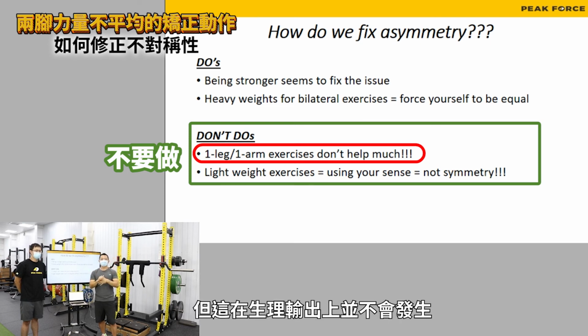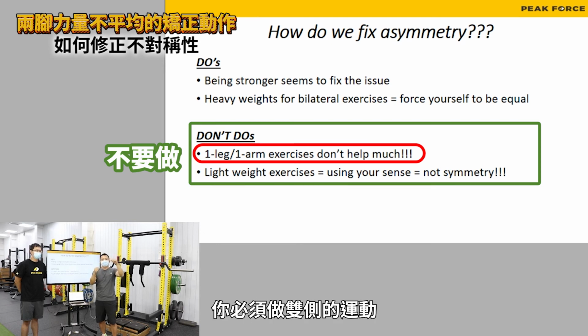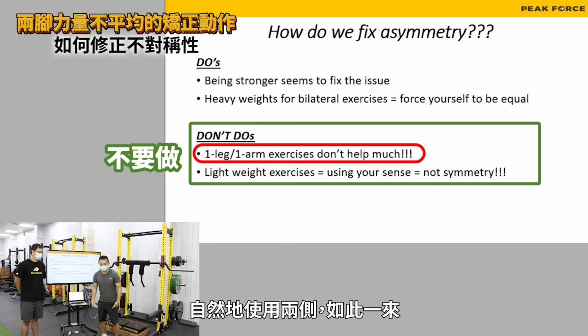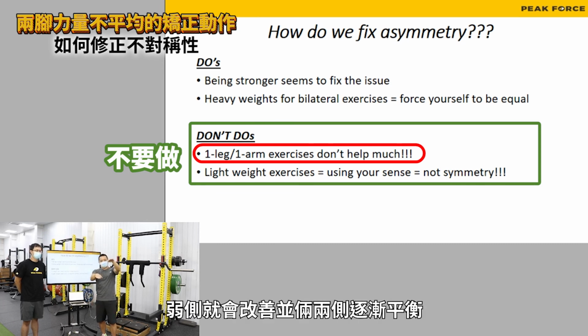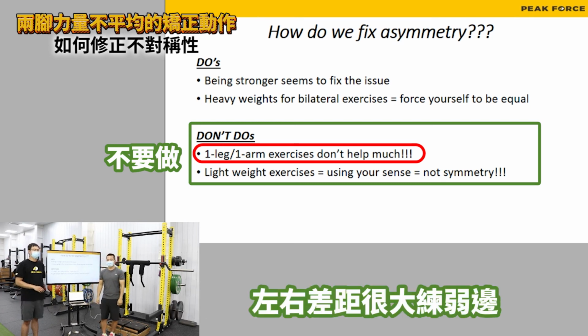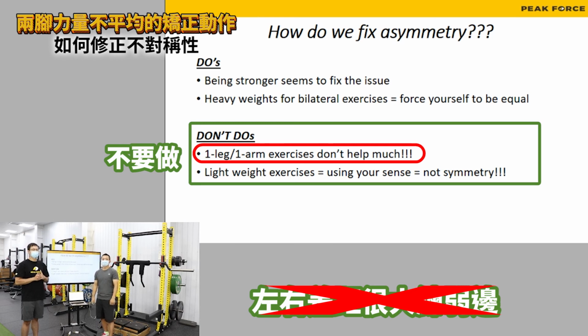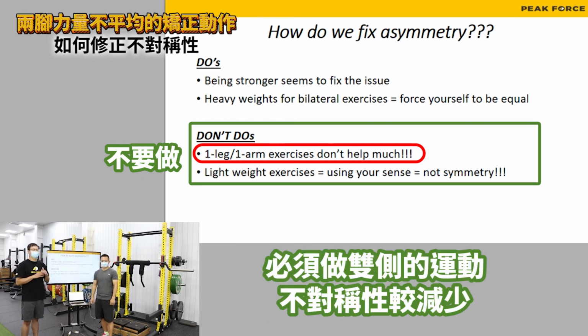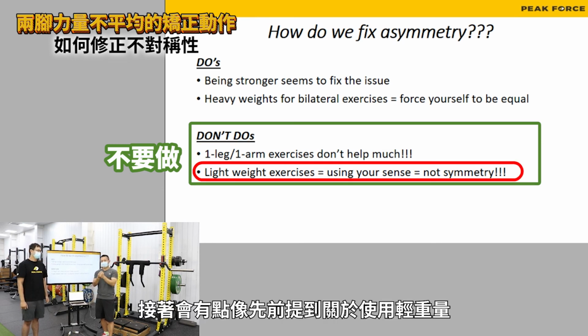This does not happen from the physical output. If you want to be nearly symmetrical, you have to do bilateral exercise, using both sides simultaneously. Then the weaker side will catch up to be close to equal. The common thought is that if the difference between the two sides is large, we do single-sided training for the weaker side. Unfortunately, that can't correct the issue; instead you need bilateral training movements to reduce the asymmetry.